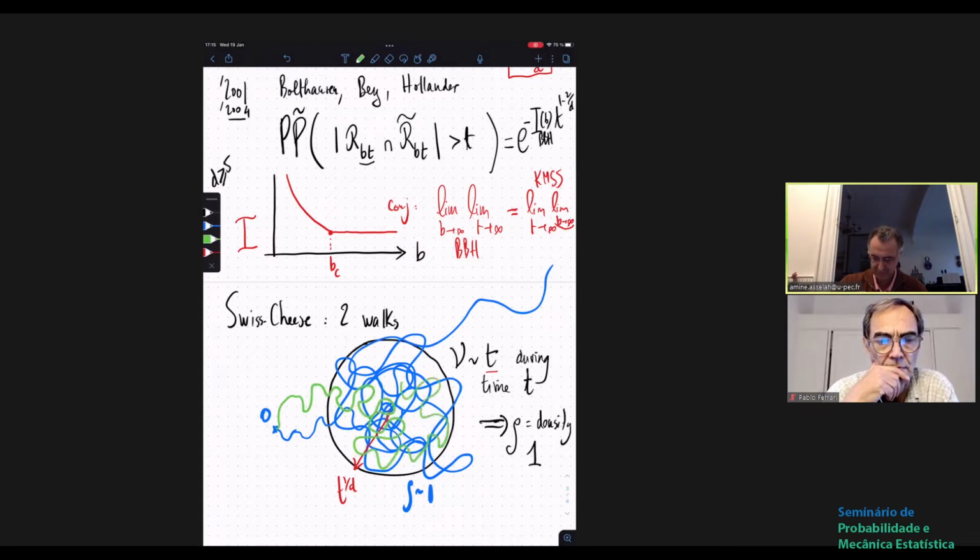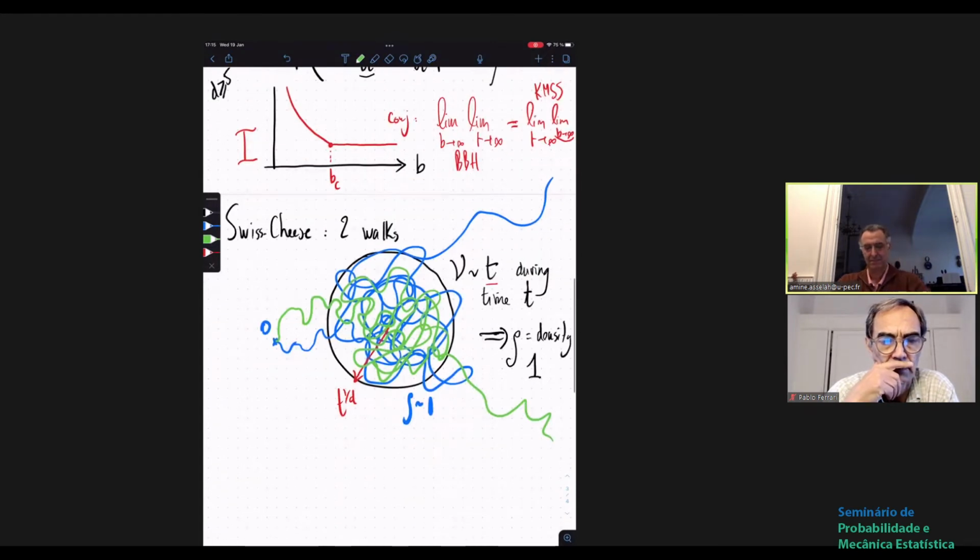Inside, you have a localization. And then that's it. So this is what they call the Swiss cheese picture. Why Swiss cheese? Because if the density is 1, it means that there are holes of order 1 inside this ball of volume T.